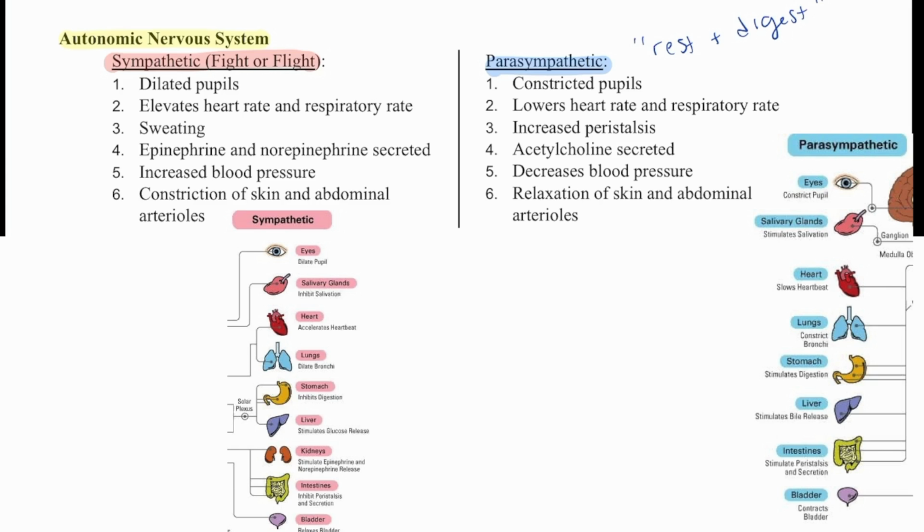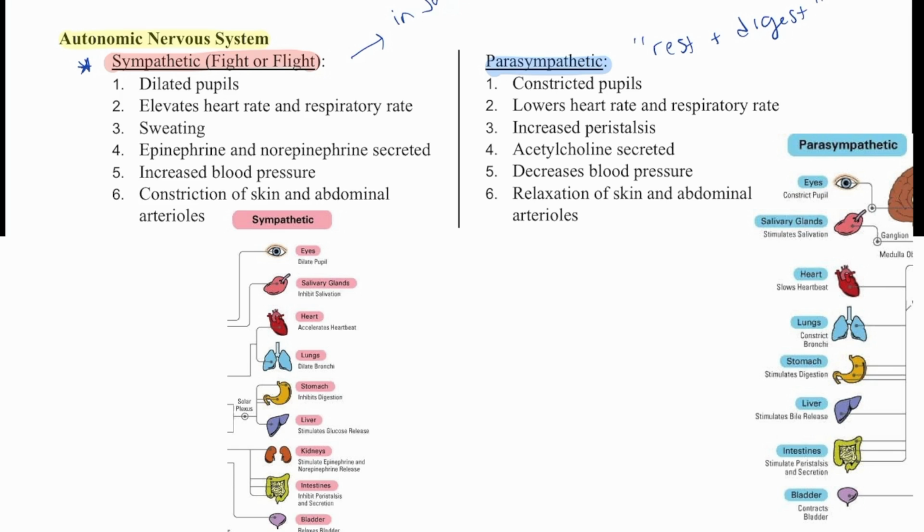So what we can think of is what would happen in our body when we were out in the jungle and we see a lion coming towards us. Think about the way your body would feel, that your heart rate would increase, your breathing would increase. All of that is our sympathetic nervous system. When it comes to the parasympathetic nervous system, you're going to have the opposite, which makes it easier to remember.